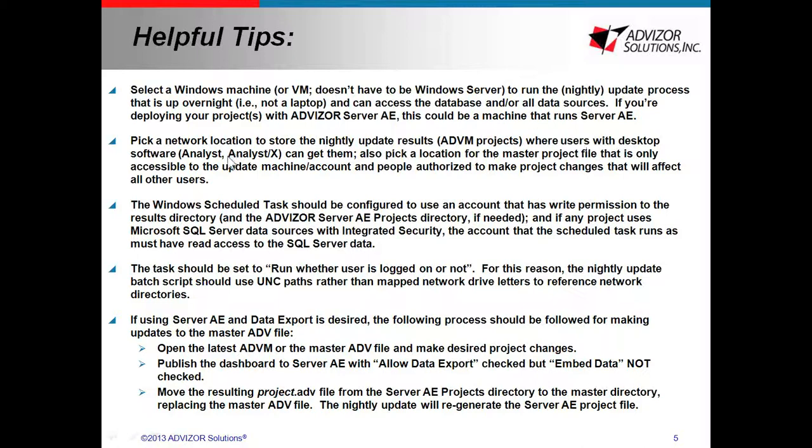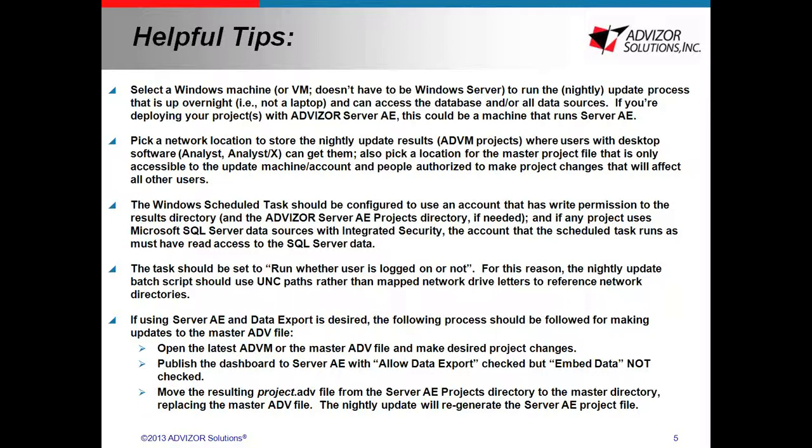Pick a network location to store the nightly update results where users with desktop software can get to them. Pick a location for the master file that is only accessible to the update machine and the people authorized to make project changes that will affect all of the users. Users have to get at the results, but the master file that reloads, you generally want some change control on it, and you want to limit who can get at it because it's really confusing.